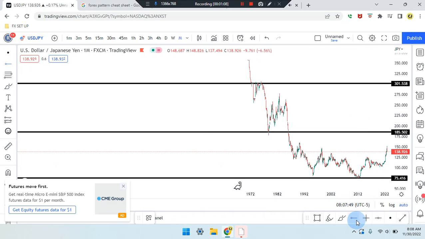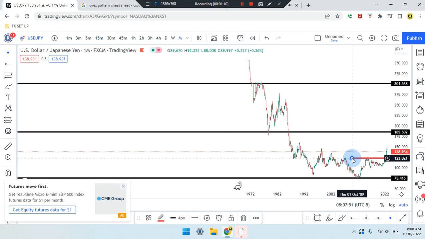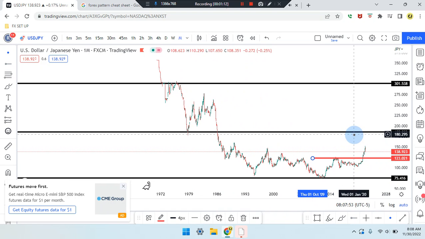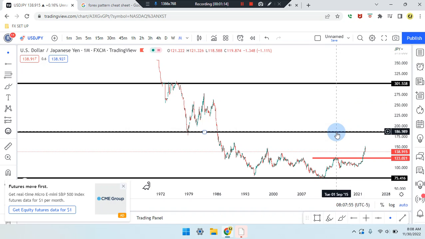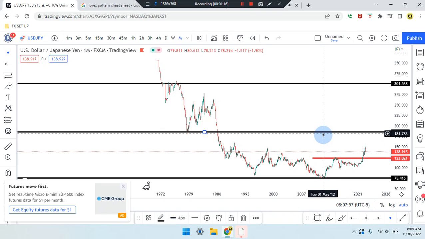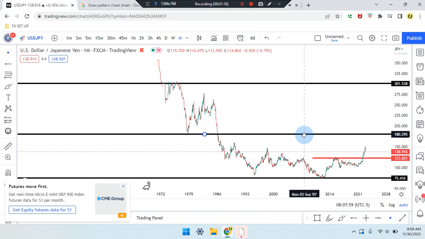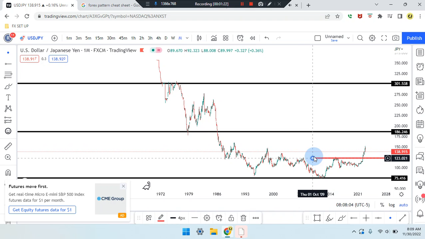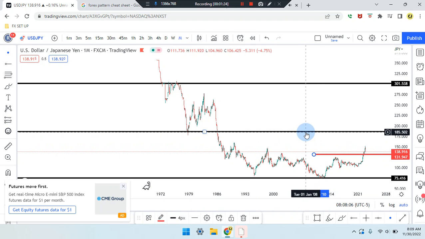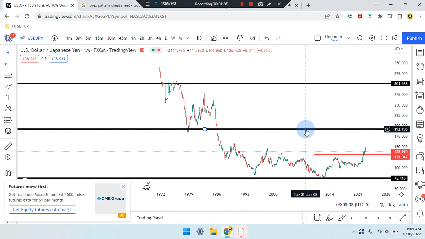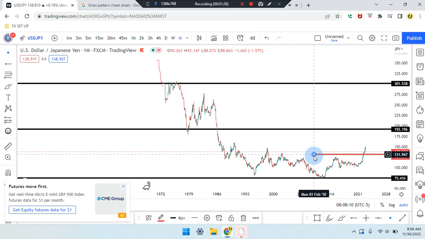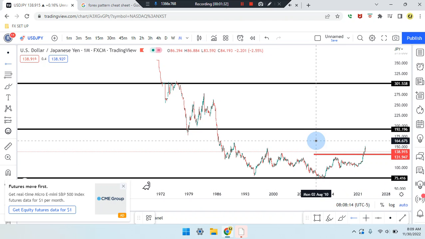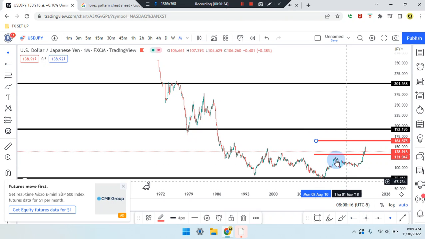Also adding second level lows. Also adding third level lows.